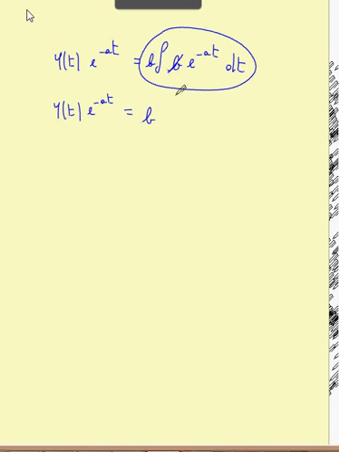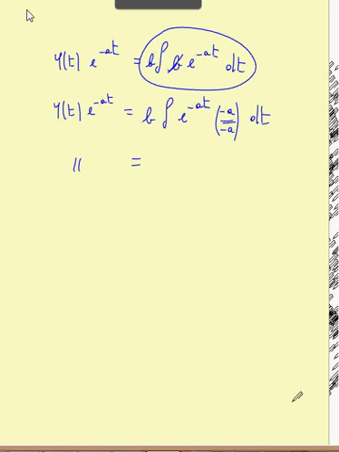So we have minus b over a. What is the integral of the function inside the integral? It is e to the power of minus at. Because if you compute the derivative of e to the power of minus at, you get e to the power of minus at, which multiplies minus a, because you have to multiply by the derivative of the exponent.